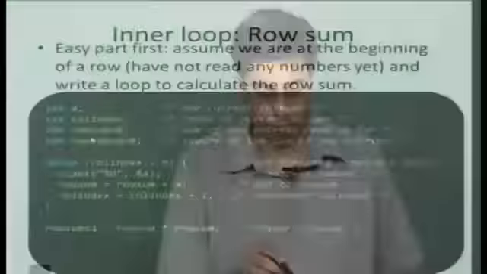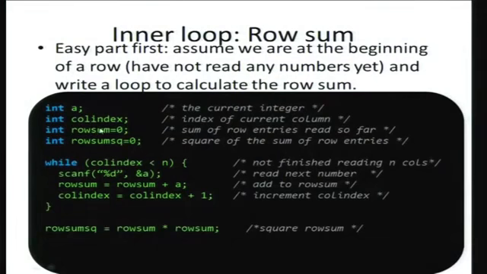We declare 4 variables: a, column index, then we need something for the row sum and some integer variable for row sum squared. Okay. Now what you do is you go along the row and add the numbers in each column. Okay.